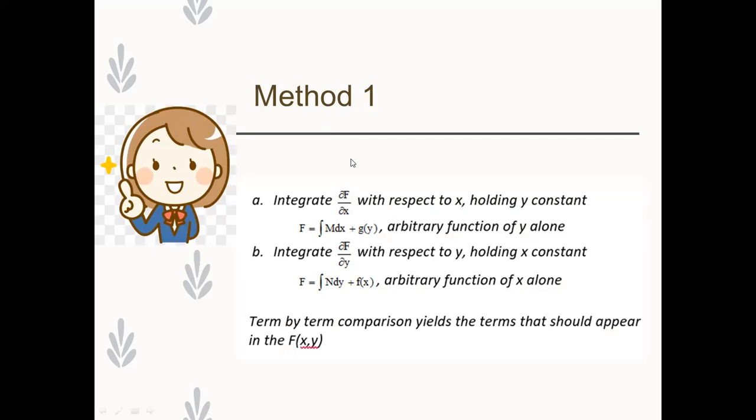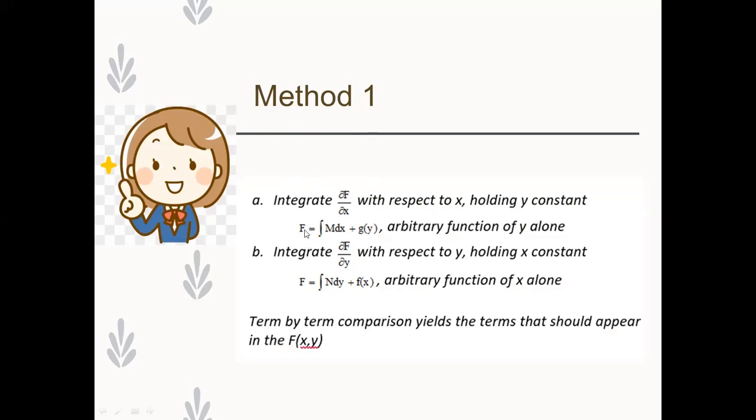But in these three methods, let me emphasize that I always find method 1 easiest for the student to understand. Still, I'd like to discuss the other two methods, because later on you may be handling different reference textbooks that discuss the solution of an exact DE using those two methods. So I'd like to first discuss method 1.